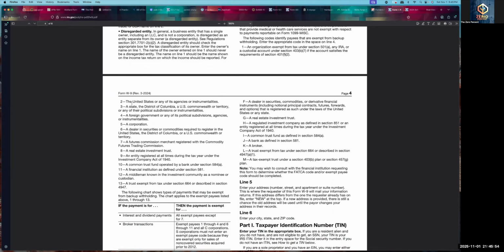There are only 13 floors to a building, so they say. A trust exempt from tax under Section 664 or described in Section 4947. Okay, so which of these applies for you, your trust enterprise, as a grantor retained annuity trust account?